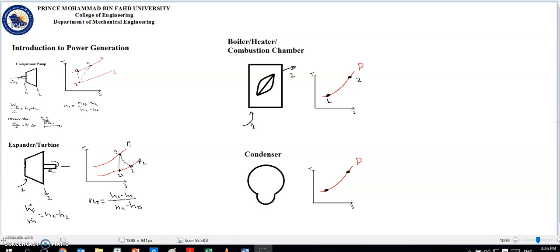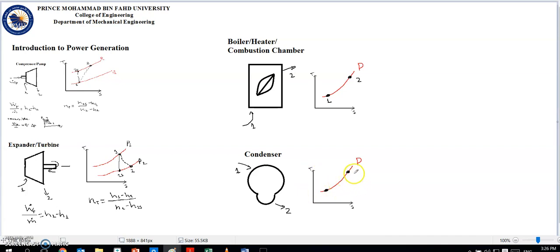Exactly in the opposite way, our condenser works, in which we feed our fluid at high temperature 1, and we get our fluid at low temperature 2, again moving on the same pressure line.